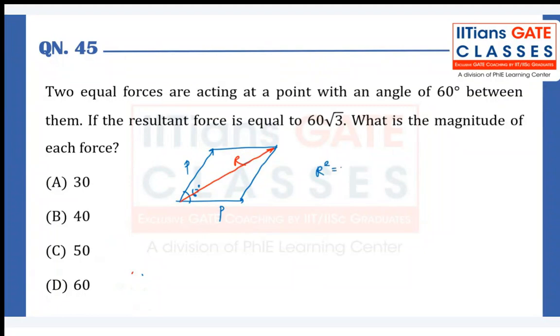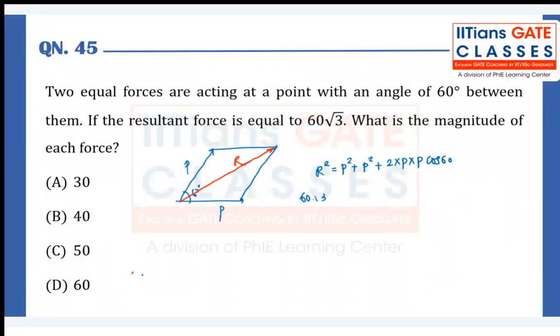So we can say that resultant square is equal to P square plus P square plus 2 into P into P cos of 60, because both the forces are P. That's why we are writing it like this. Resultant is given as 60 root 3.